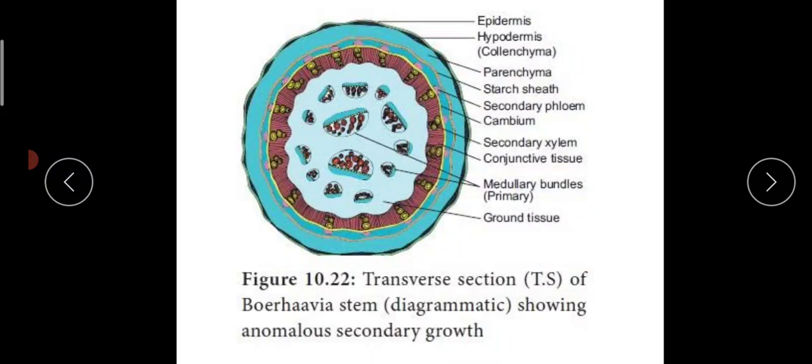The accessory cambiums are formed successively, outer and outer, and 2 to 4 rings of vascular bundles, conjoint collateral bundles, may be formed. This process continues.